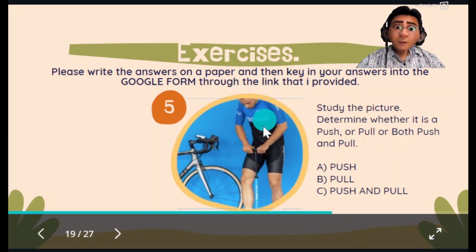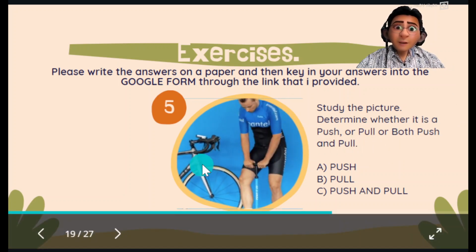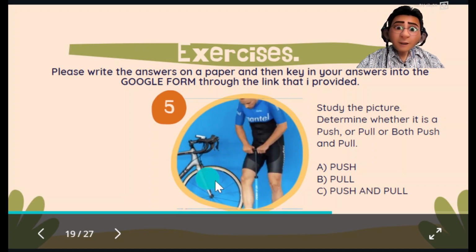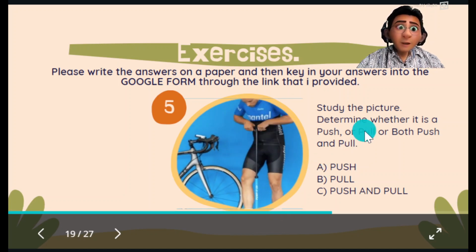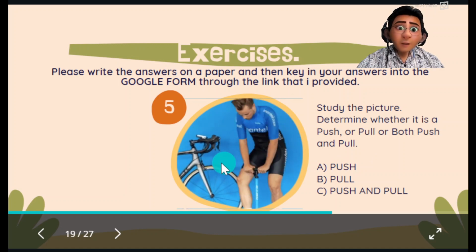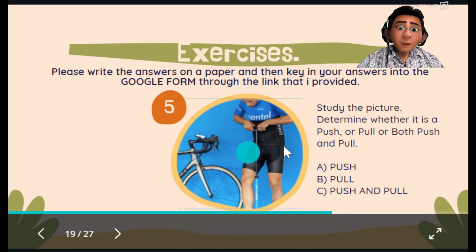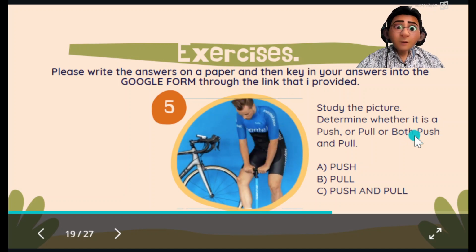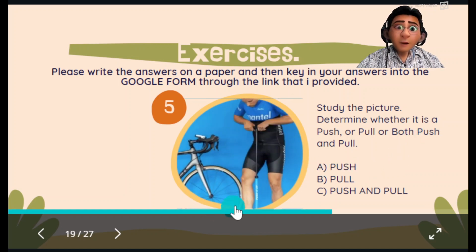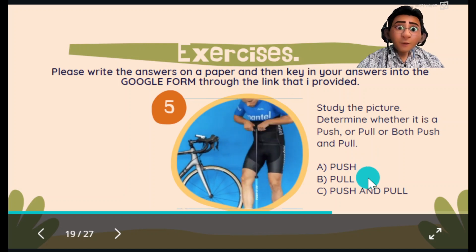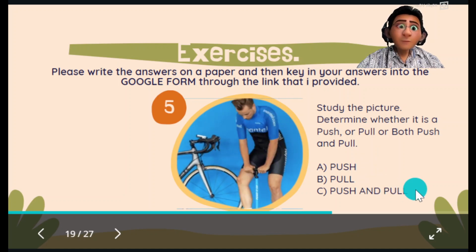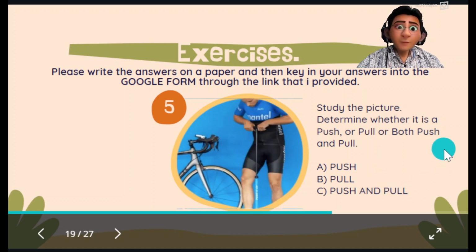So this person, he has a bicycle and he is doing something which is pumping the tire of the bicycle, pumping. So the action of pumping the tire bicycle ni apakah itu? Is it a push, pull, or push and pull?